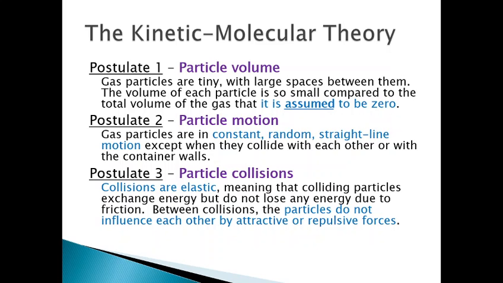Gases do have volume. Gases do have mass. But in order for our brains to comprehend everything about these gases, we assume that the total volume of the individual gas particles is going to be 0. And so that way we can assume that the total volume of our container is equal to the total volume of our gas.